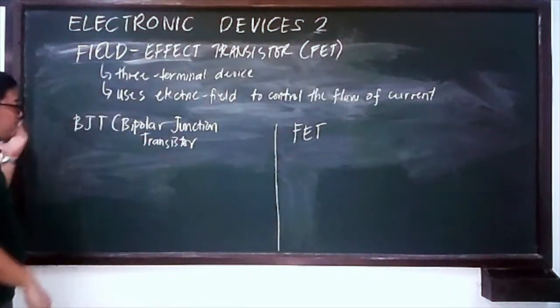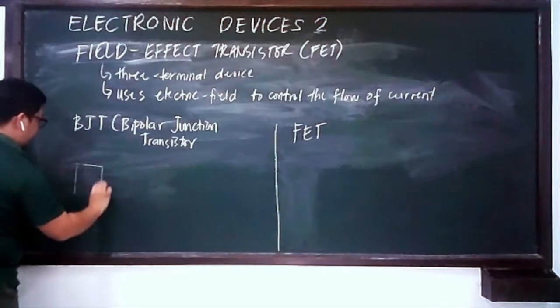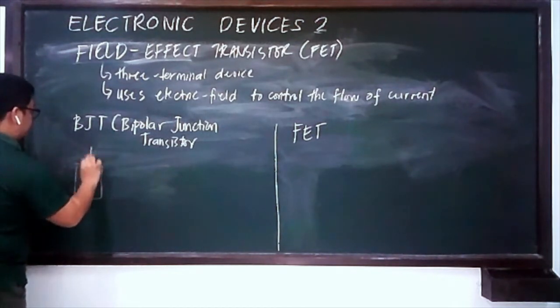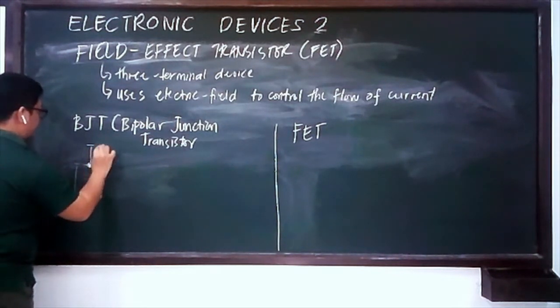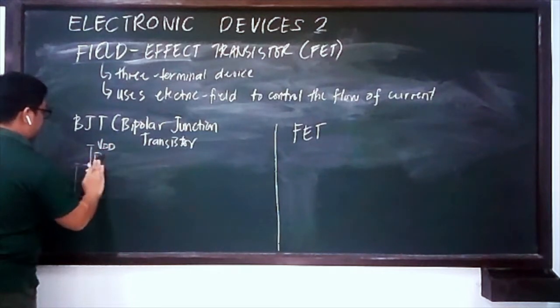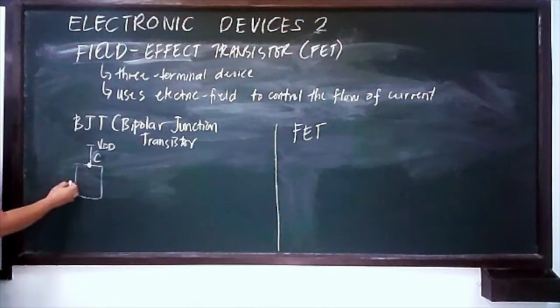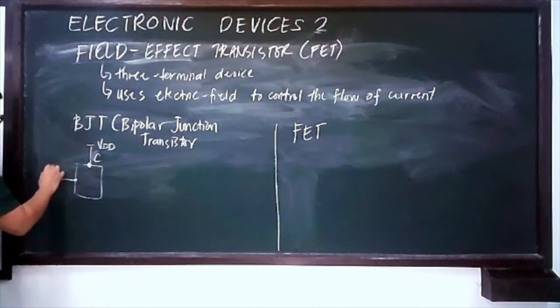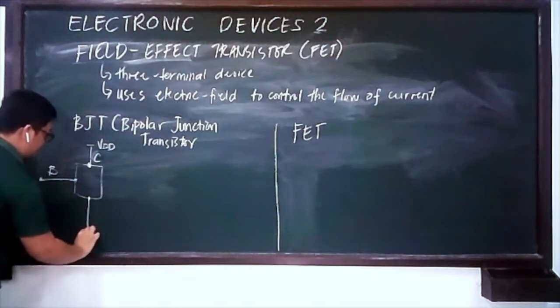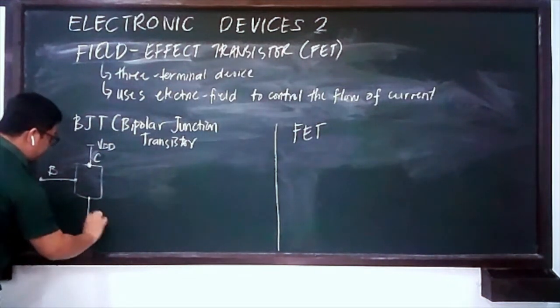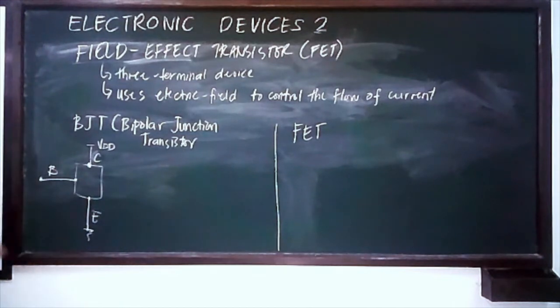Okay, as you recall, for your BJT you have your three terminals, which is your collector connected to your VDD. You also have your base, and you have your emitter connected to your ground.